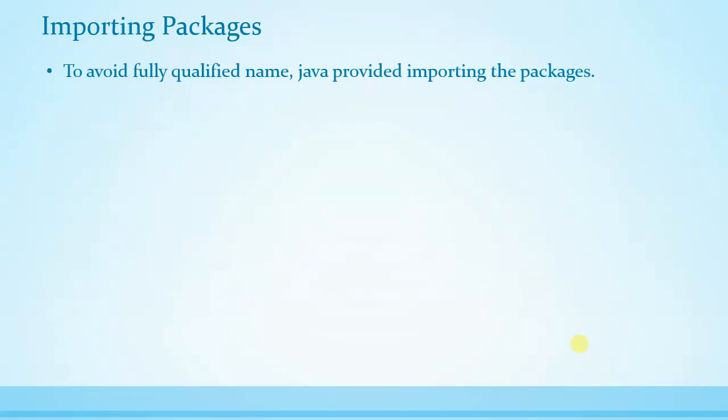To avoid fully qualified names, Java provides importing of packages. Just like the #include statement in C++, here you can import the package. In C# we use the using statement for a namespace. In the same way, Java provides importing packages.